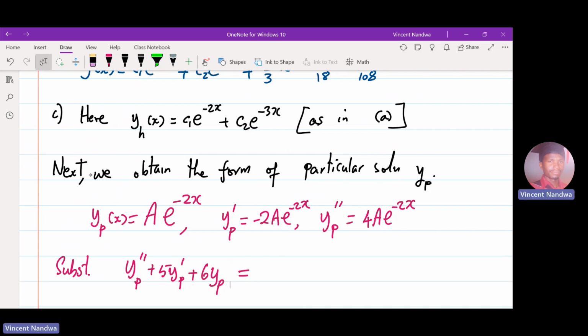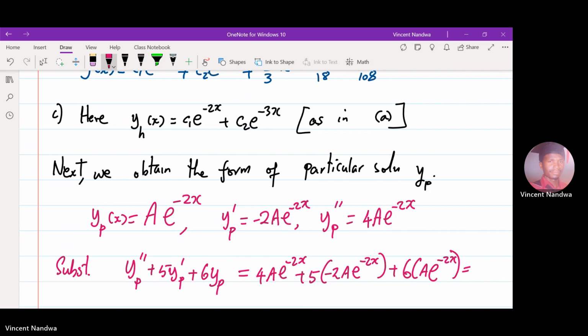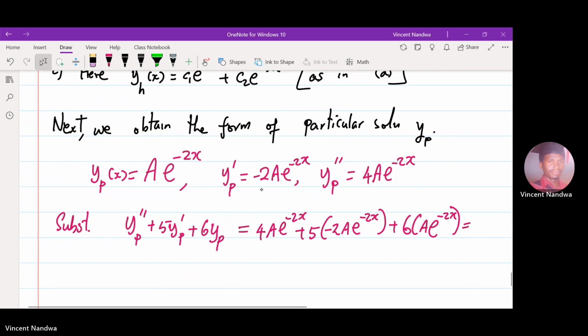Okay, so maybe we can read together 4a e power minus 2x plus 5 into minus 2a e power minus 2x plus 6 into a e power minus 2x. This must be equal to 3e raised power negative 2x.